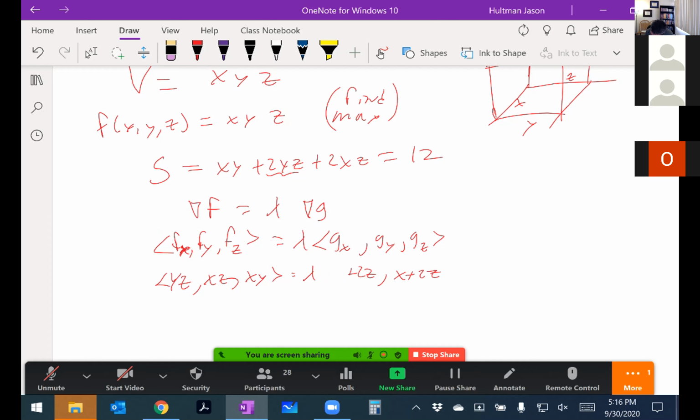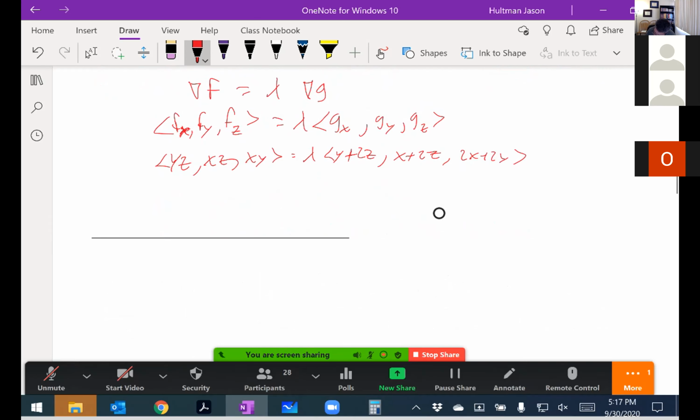Sorry. With respect to x, you get a y. Okay, 2z. And then, what's the last one here? With respect to z, there's 2x plus 2y. Nice.